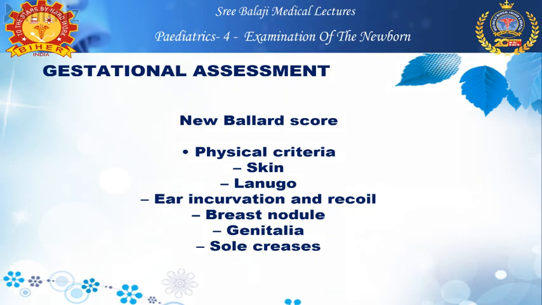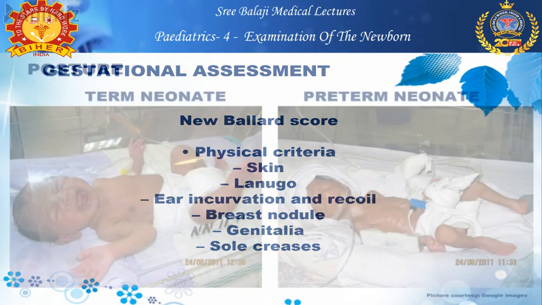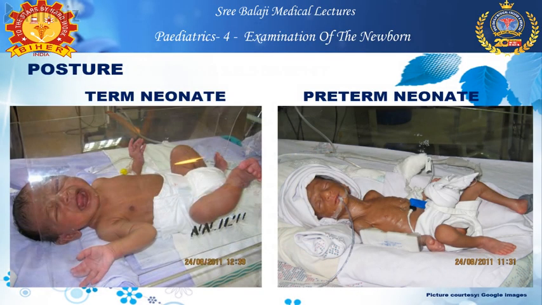In the physical criteria, there are about 5 headings: the skin and lanugo, then the examination of the ear for the recoil, breast tissue, the nodule, the nipple and areola, the genitals and the sole creases. So I'll show you some pictures of how a preterm and term baby look by physical criteria.